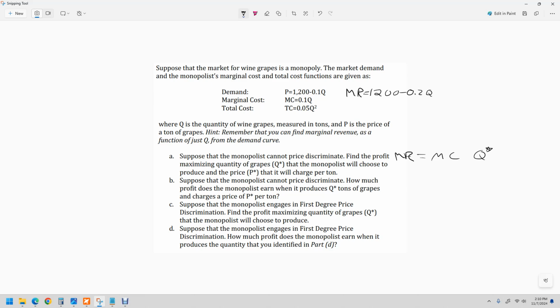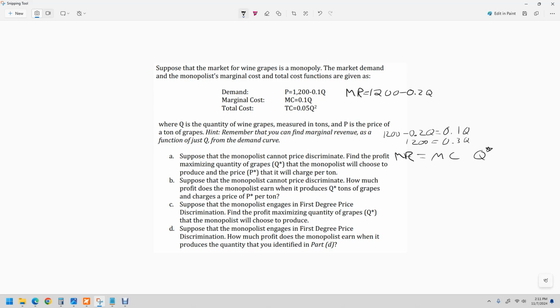And so to do that, it would be 1200 minus 0.2Q equals 0.1Q. Okay, and this would be pretty easy to calculate. So 0.3Q equals 1200.